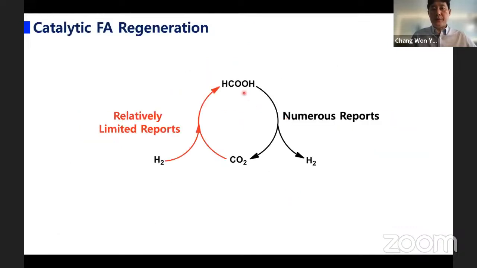Many scientists have developed catalysts for formic acid dehydrogenation, but CO2 hydrogenation has not been significantly studied compared with formic acid dehydrogenation. One of the reasons is that it is tougher, more difficult. Formic acid dehydrogenation has no problem, but CO2 hydrogenation is tough.